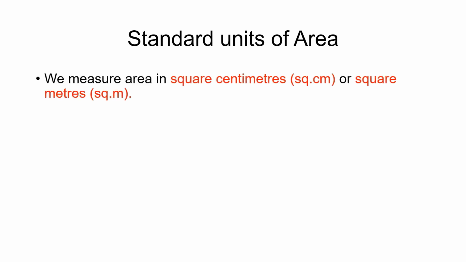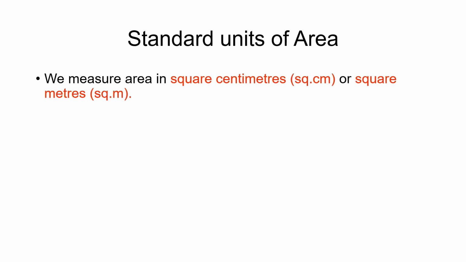Standard units of area. We measure area in square centimeters or square meters. For example, we measure the areas of a square, rectangle, circle and a triangle in square centimeters.